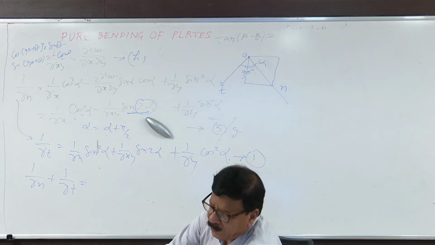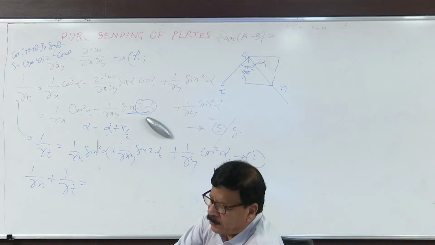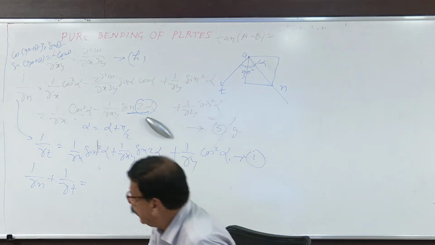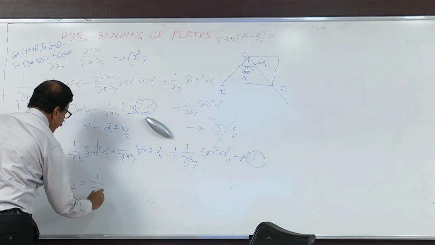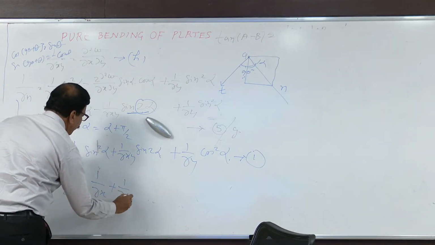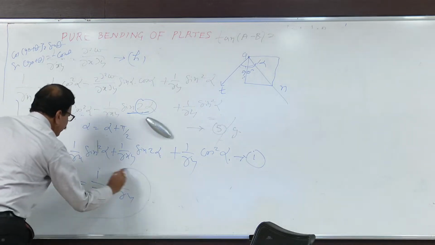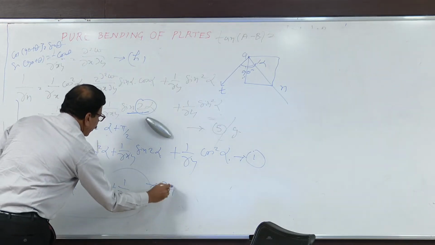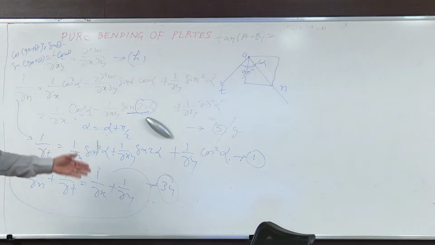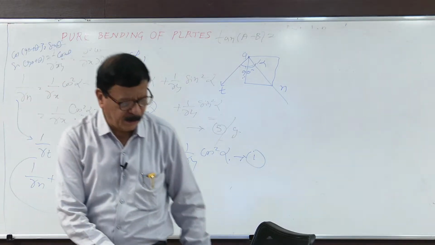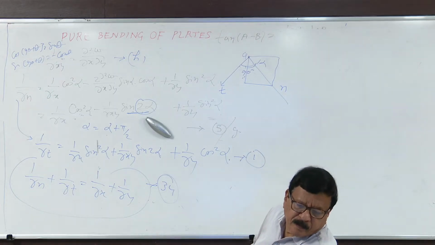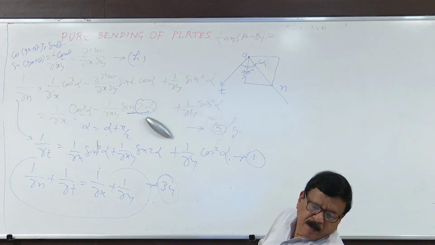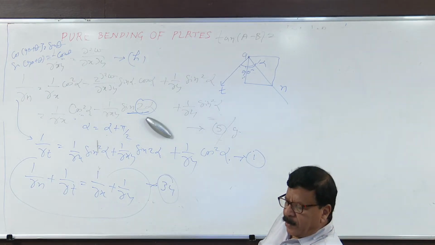Yes. So we asked this question in the exam कि prove 1 upon Rn plus 1 upon Rt is equal to 1 upon Rx plus 1 upon Ry. This is the equation number 34. And we can ask this question in the exam. So can you prove this? Yes. For 12 number.